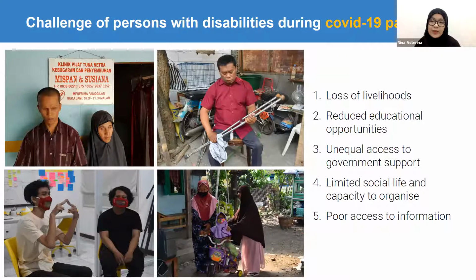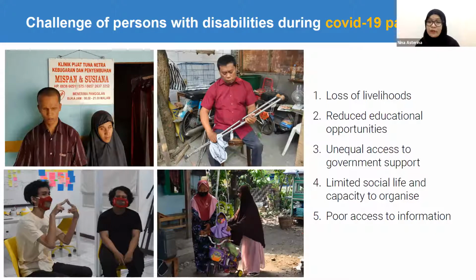It relates to the disability organizations that they enjoy and participate in in daily life. Because of the COVID-19 pandemic, they couldn't meet with each other, and there are limitations to their affordability of internet connections, and also tools and equipment to do these virtual meetings. So that's why they have a more limited social life compared to us.